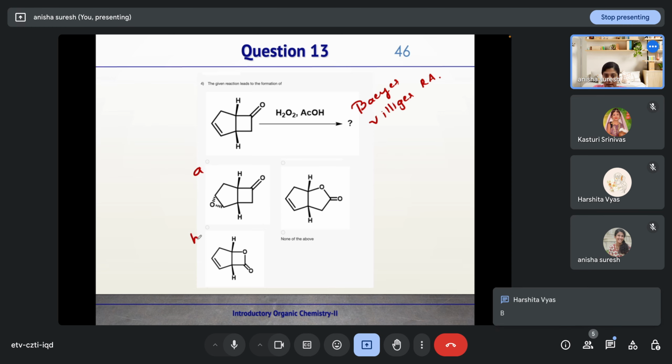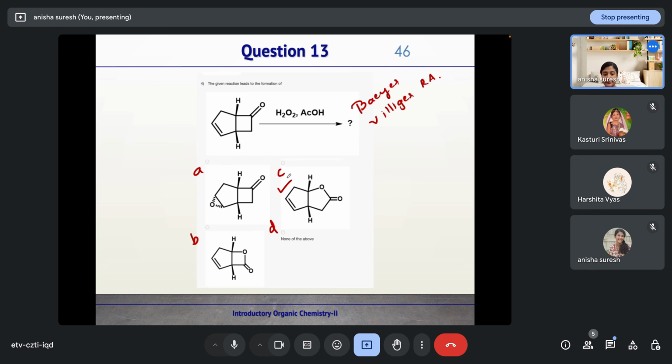A, B, C, D. Ring expansion will be there. Okay. So C will be the right answer.